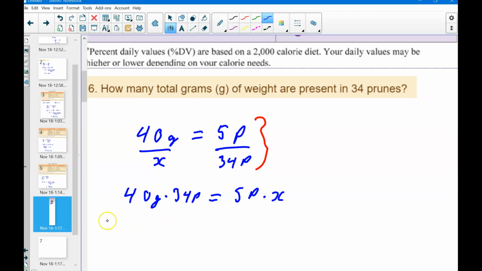So then we have 40g times 34 prunes divided by 5 prunes equals x.